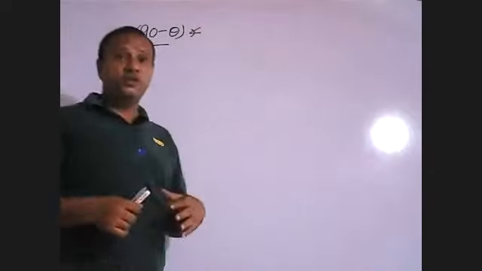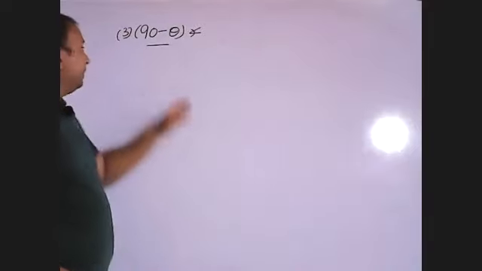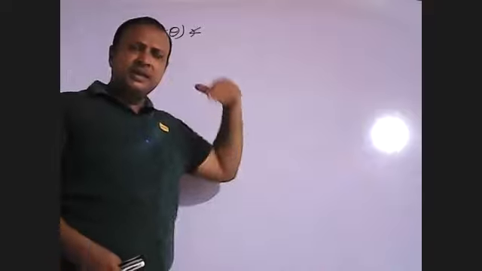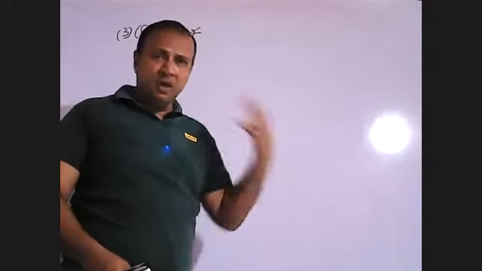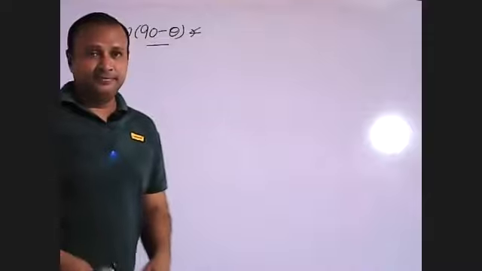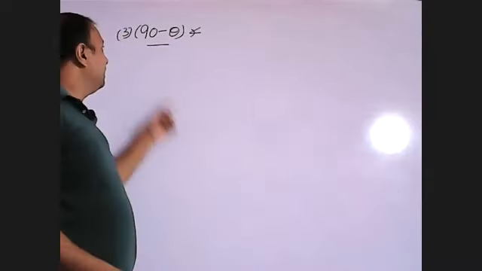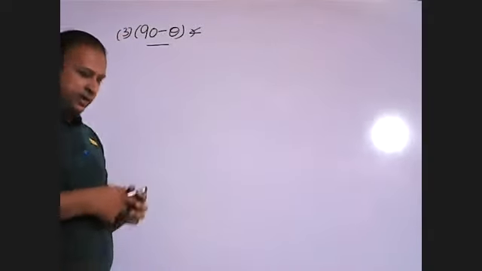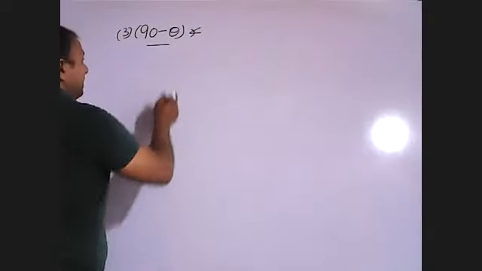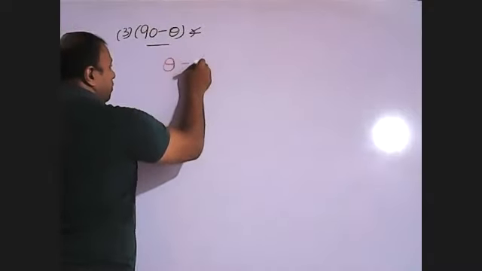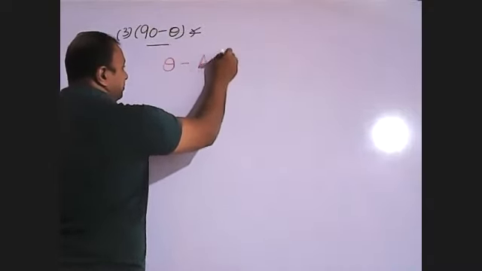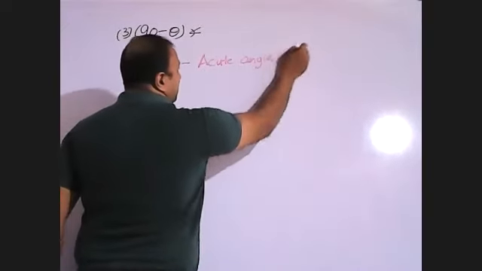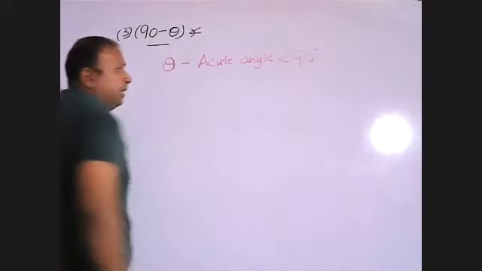Therefore, we have to deduct an acute angle from 90 degrees. Definitely 90 minus theta belongs to the first quadrant, in between 0 to 90 degrees, because theta is an acute angle, that means it is lesser than 90.